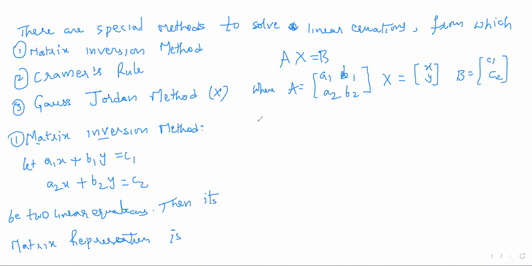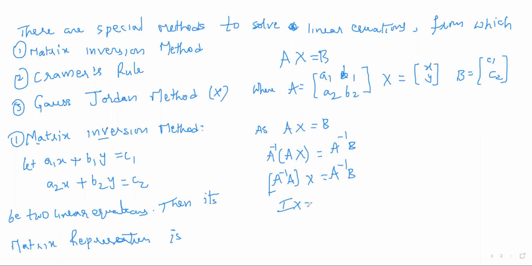Okay, student, as AX is equal to B, both sides I am multiplying with A inverse. A inverse of AX is equal to A inverse of B. So A inverse into A of X is equal to A inverse B. A inverse into A means identity matrix only.